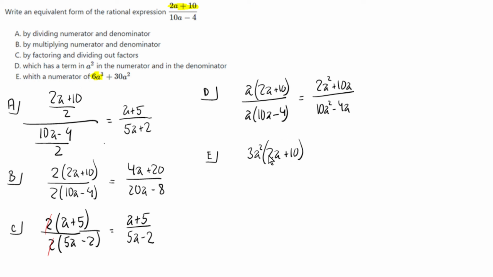And if we multiply the numerator by 3a squared, we have to do the same thing in the denominator. We expand this to get 6a cubed plus 30a squared in the numerator and 30a cubed minus 12a squared in the denominator.